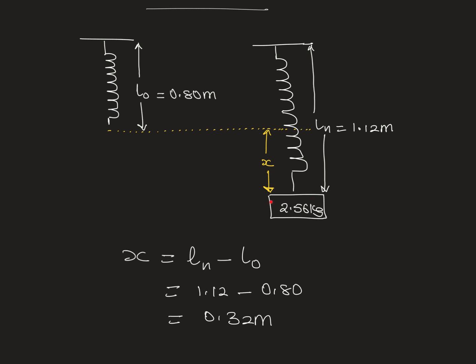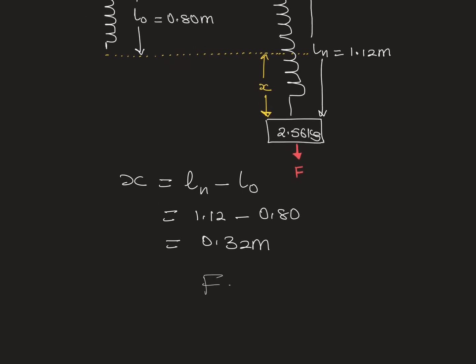So one thing that is clear here is that the force that is going to cause the extension is provided by the mass of the block that is attached. We're going to have a force F that is due to the weight of the object. But what is the magnitude of that force? Force is equal to the mass times gravity.